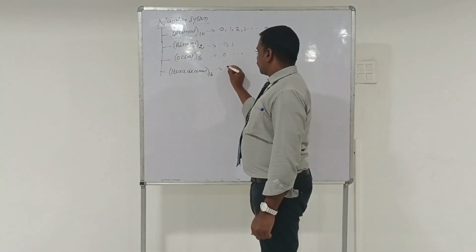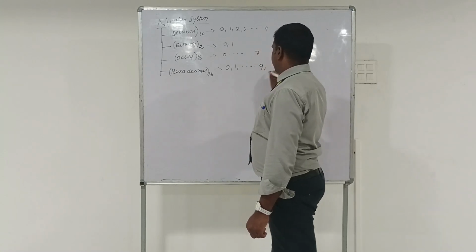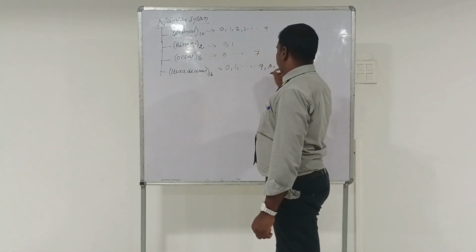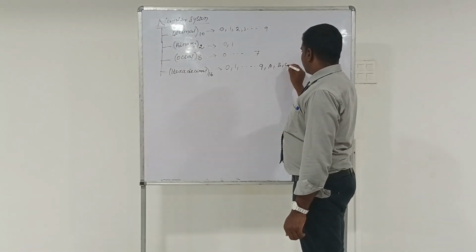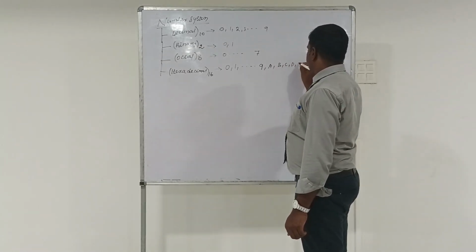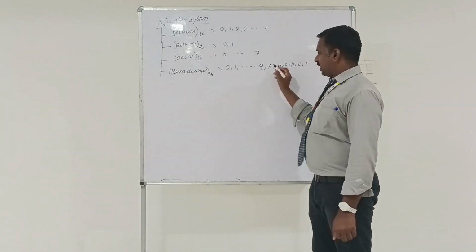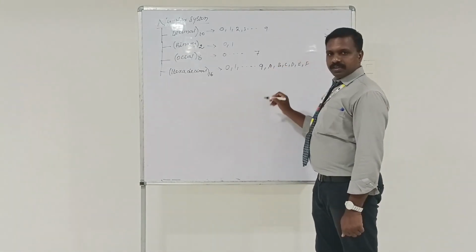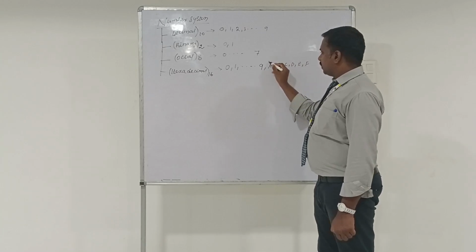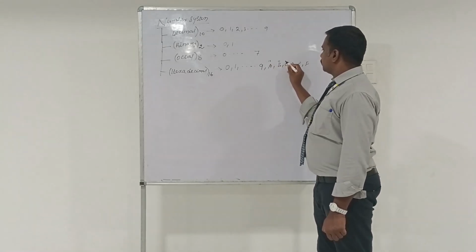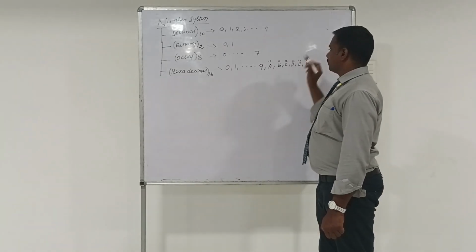The different digits are 0, 1 up to 9. Next, A for 10, then B, C, D, E, and finally F. A belongs to 10, B belongs to 11, then 12, 13, 14, 15.